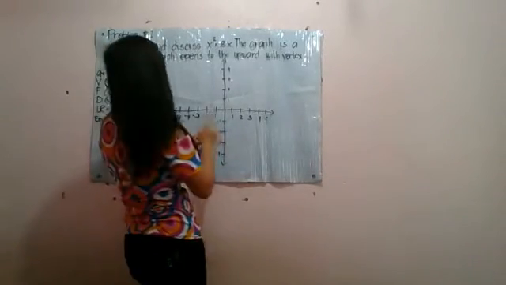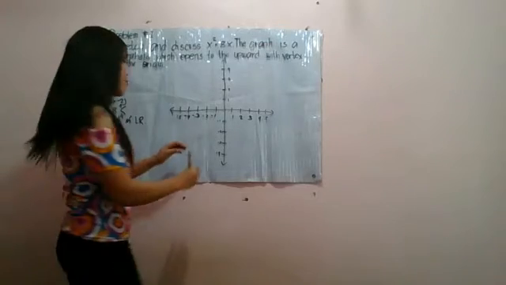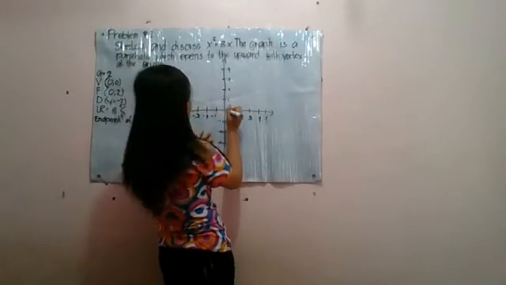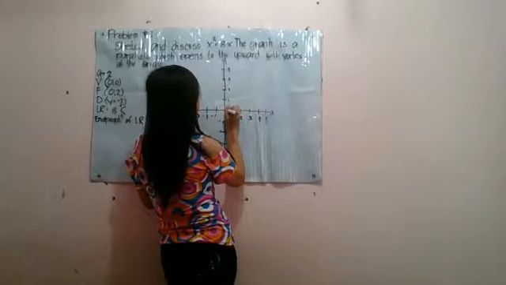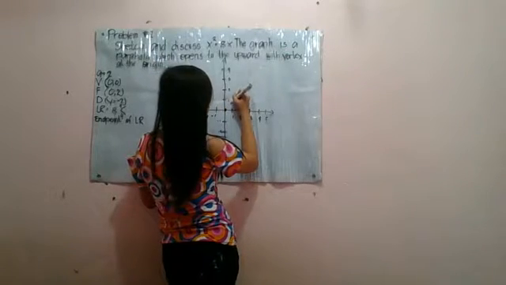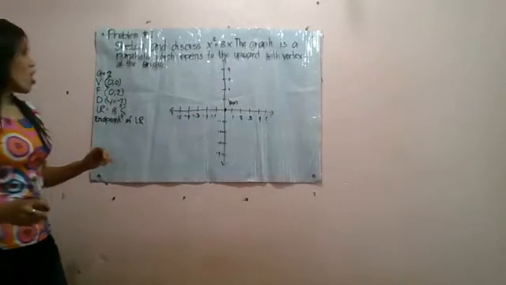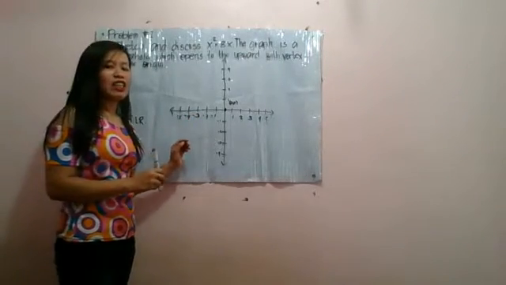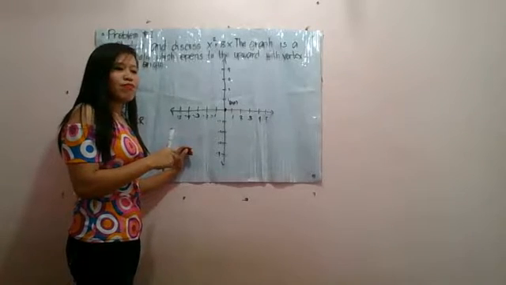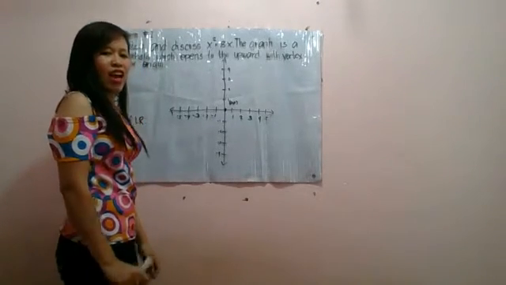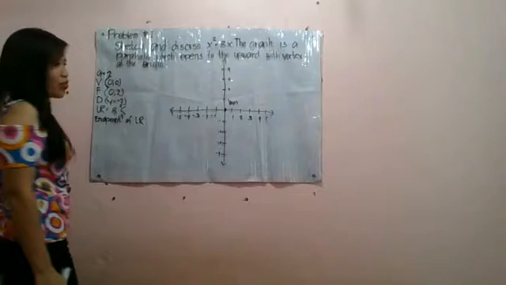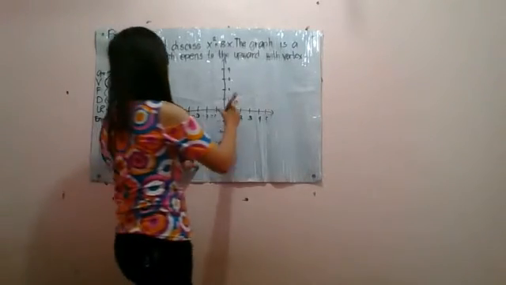And then, let's find the endpoints of the latus rectum. To find the endpoints, just count 4 from the focus because half the length of our latus rectum is 4. So just count 1, 2, 3, 4. This is our endpoint.